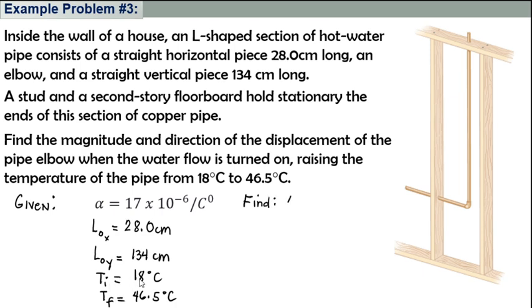The initial temperature of the pipe is 18 degrees Celsius and the final temperature is 46.5 degrees Celsius. Since the temperature is increased, we expect that there will be an expansion, or a change in length. And we are asked for the magnitude of that displacement, or the change in length, and the direction of the displacement, or theta.